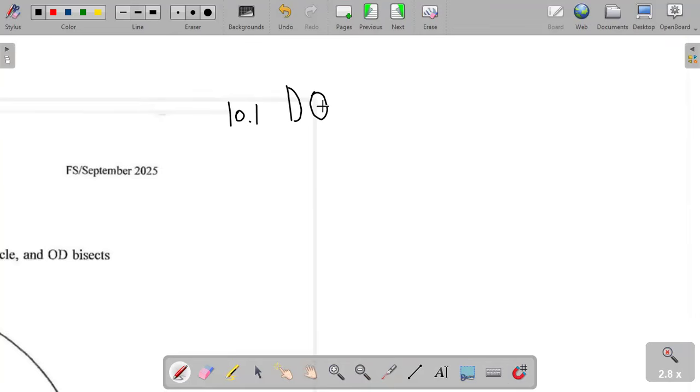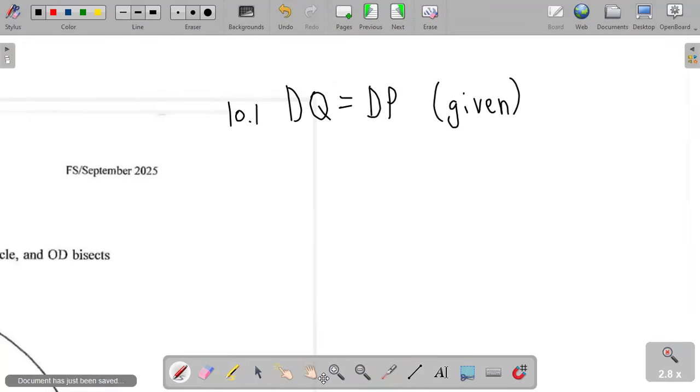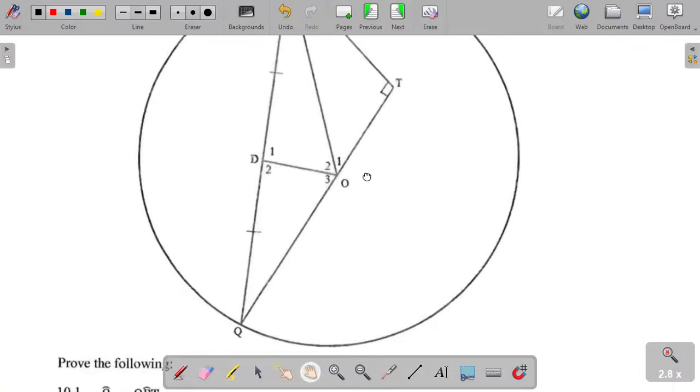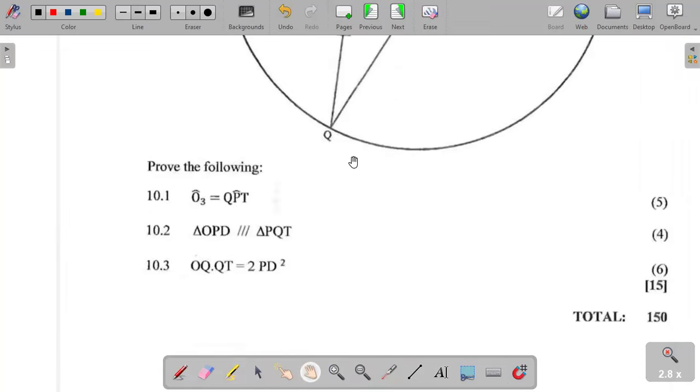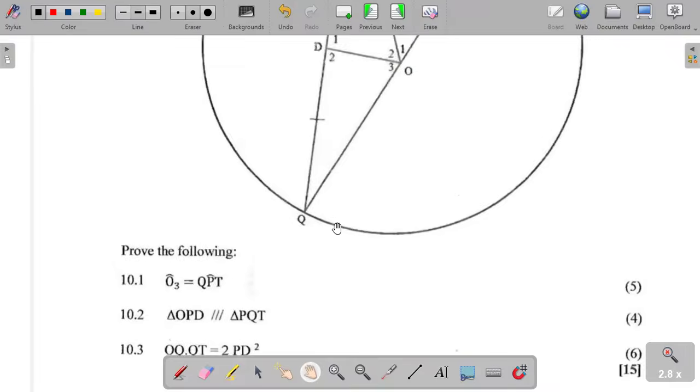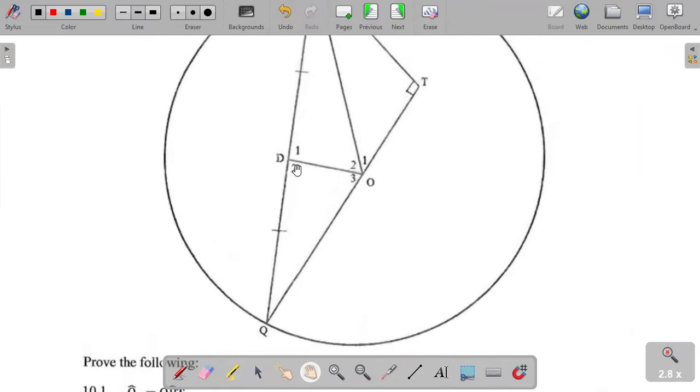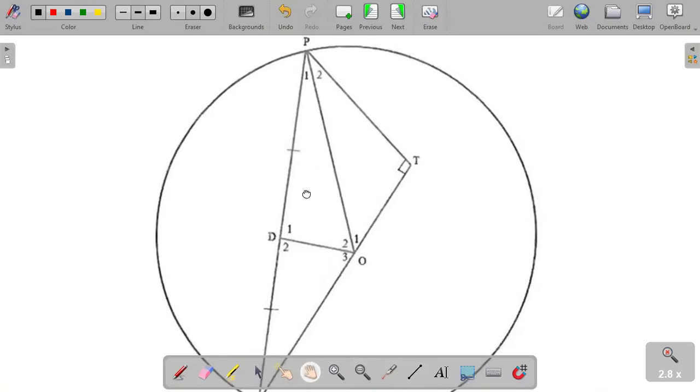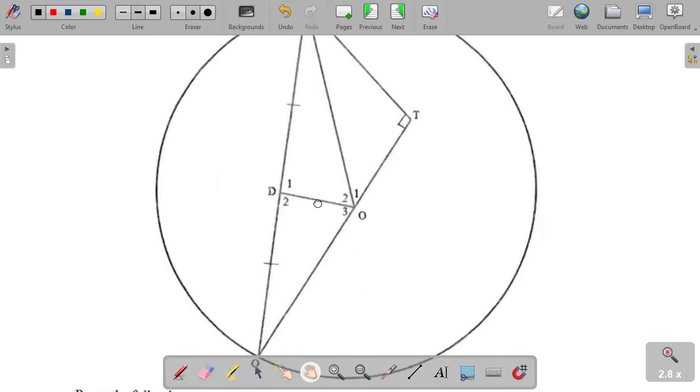DQ equals DP. The reason is this is given. And then what is the second thing that we know? OD will be perpendicular to PQ.